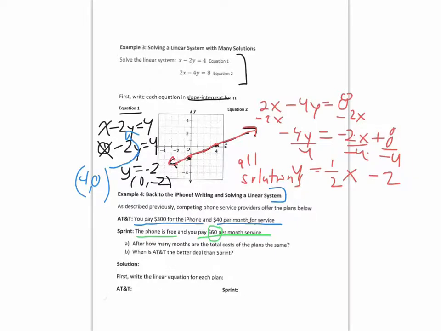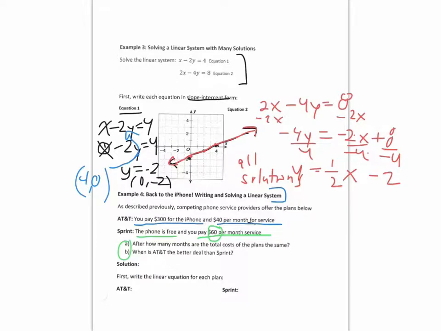And we can use algebra to figure this out. So let's think about how to model both of these using a linear equation. Because we eventually want to be able to answer the questions: A, after how many months are the total costs of the plans the same? And also in B, when is AT&T the better deal than Sprint?